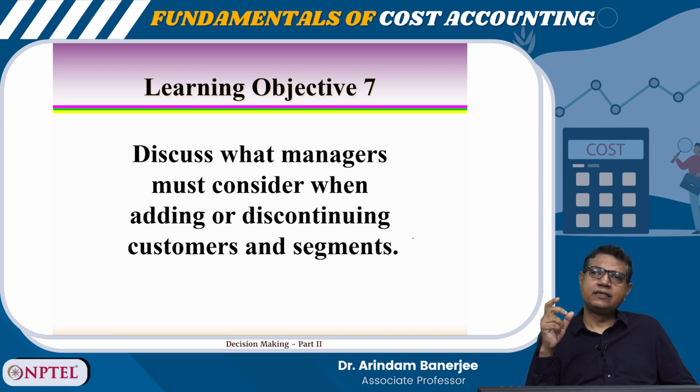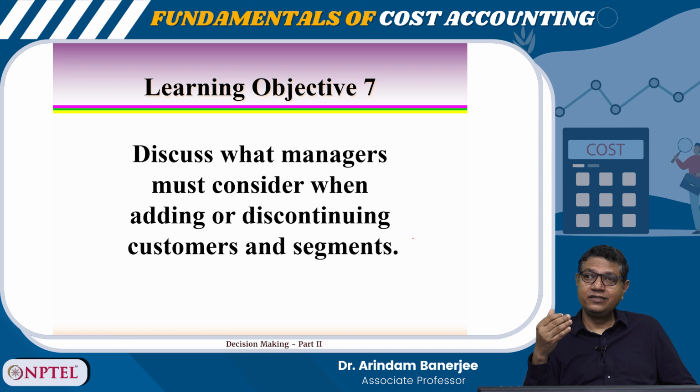Now, in this example, out of the 10 rupees total cost, 6 rupees is my variable cost and 4 rupees is my fixed cost. This 4 rupees I am going to incur anyhow.